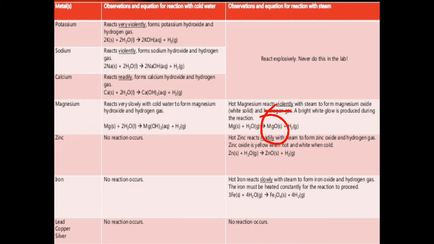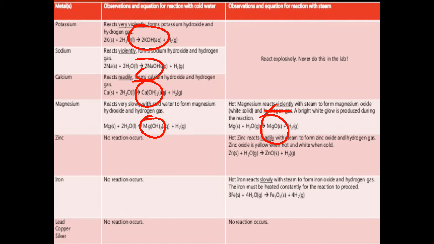Now you compare the products of reactions of metals with cold water and with steam. In case of cold water, you are having hydroxides of metal, but in case of steam, you are getting oxides of metal, but hydrogen is produced in both of the cases.